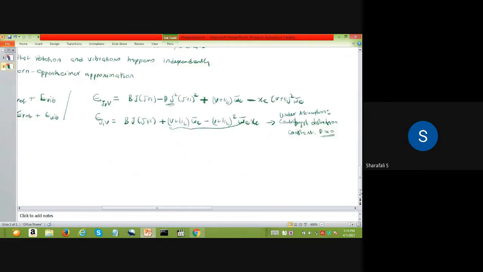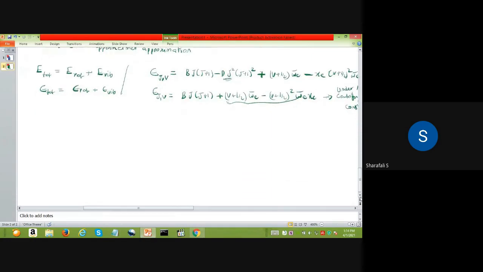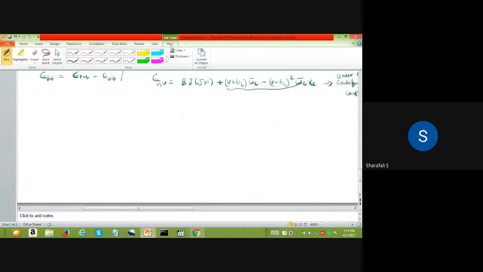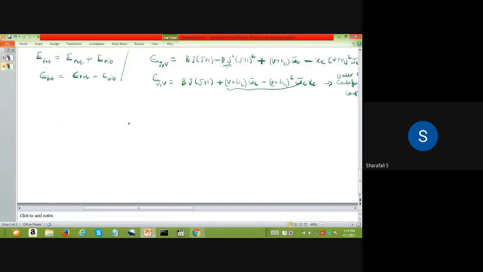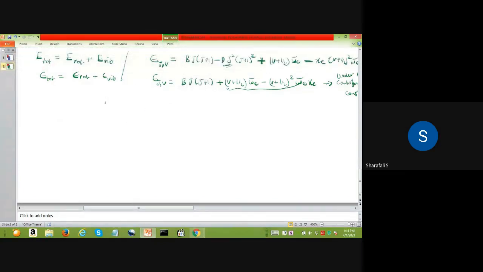So what will happen to this energy level diagram in this particular scenario? If you draw that energy level diagram, take the internuclear distance and dissociation energy, all those things. This is your internuclear distance R, and this is your energy.